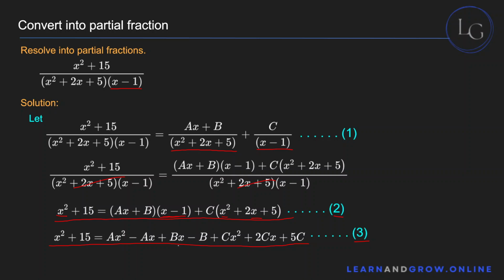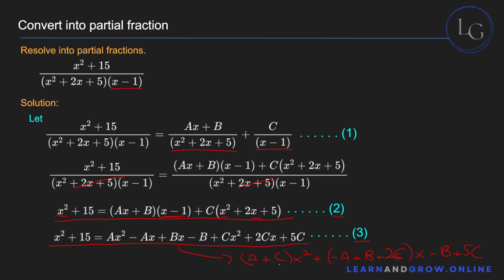So basically, when you simplify this expression on the right hand side, you'll get (a plus c) into x squared plus (minus a plus b plus 2c) into x and minus b plus 5c.